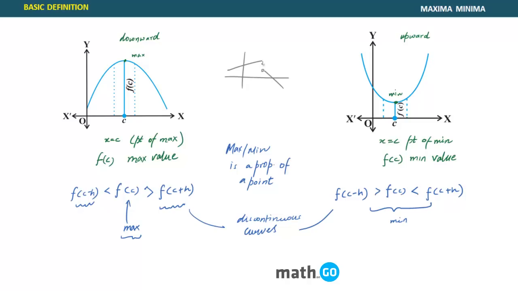So x equal to c here is a point of maxima. Why? Because to the left it has a smaller value, and to the right also it has a smaller value, and it completely satisfies this condition. So for a discontinuous curve at that point, you can still have a maxima or minima. Though at mains level you will not be asked these kinds of concepts, so don't worry about them.